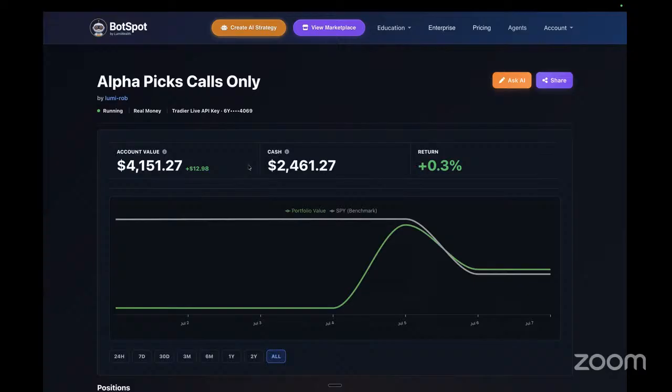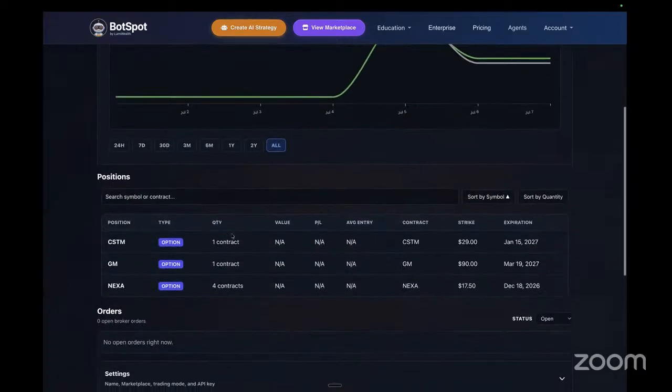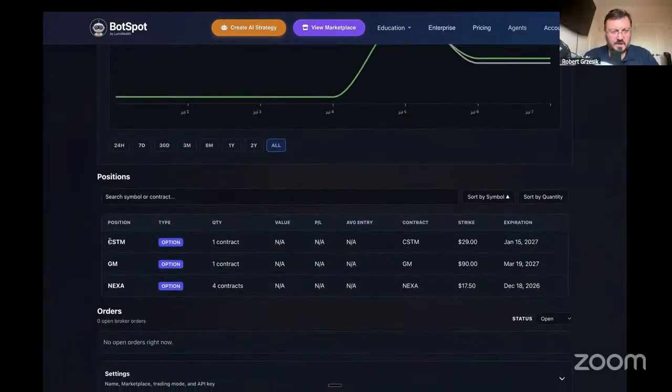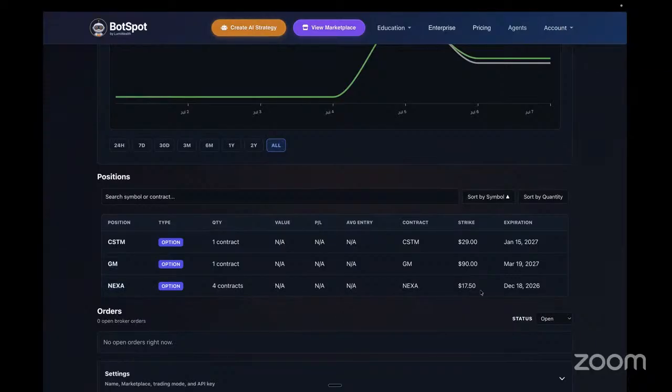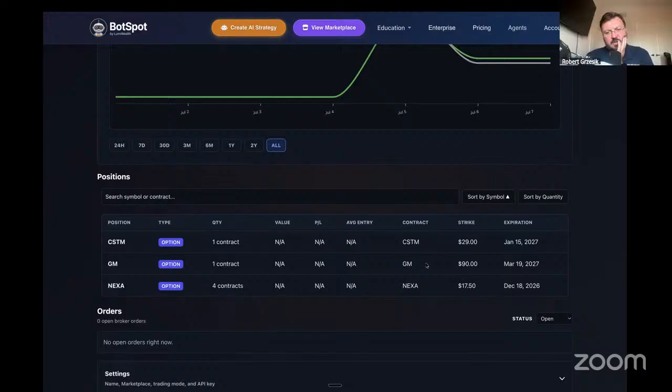What are the positions? It owns one contract of CSTM, one contract of GM and four contracts of Nexa, which is strange because it's only supposed to hold on to two at a time. We might need to tweak this a little bit.